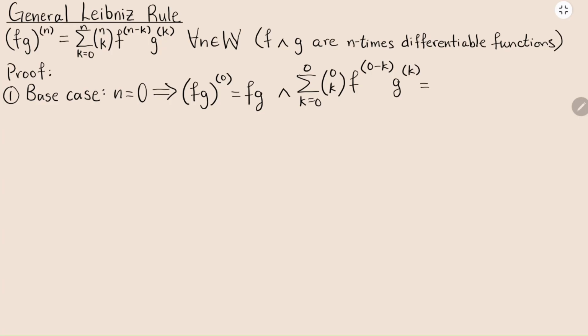Okay, but this is just equal to 0 choose 0, and then times the 0th derivative of f, 0th derivative of g, and this is just equal to 1 times f itself times g itself, which is just f times g. Okay, so this implies that the base case holds.